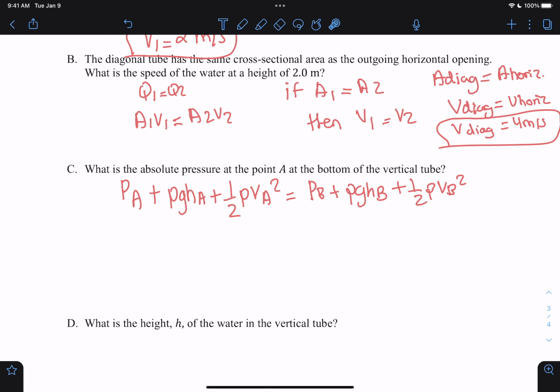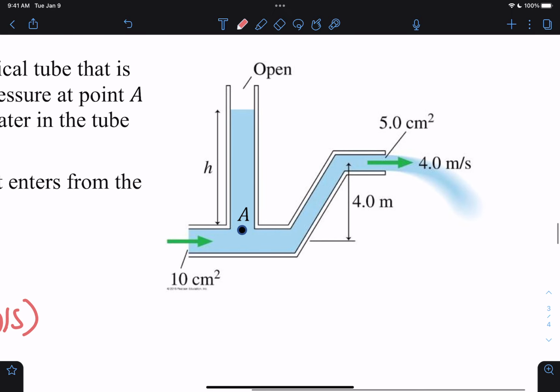Now, if we have point A, which we're going to consider the bottom of the tube, then at the bottom, what should our height be? 0, right? So this whole term will go to 0. It's not worth writing out. hA would go to 0. Now, for PB, some point B, we can choose the point. What point is very easy to access, or what point do we have a lot of information about?